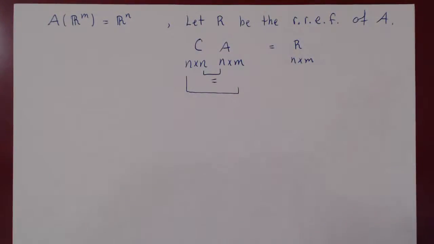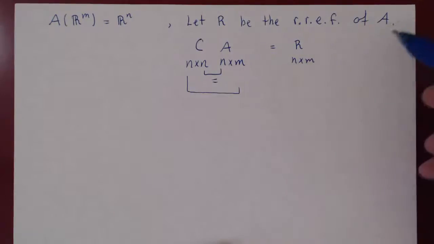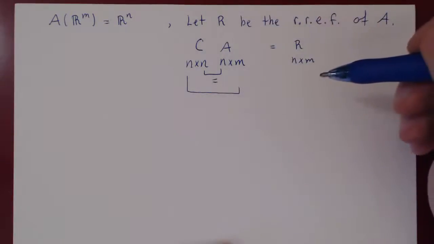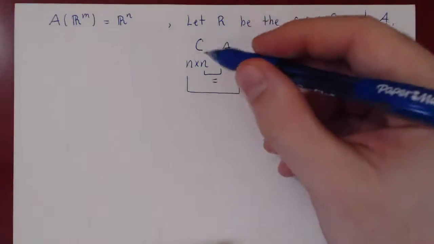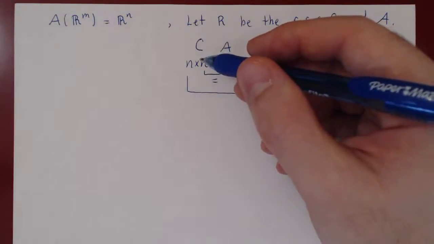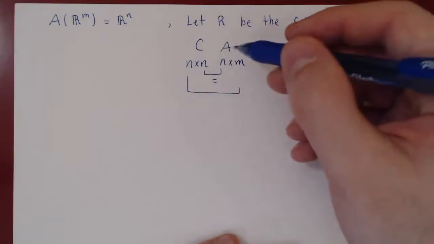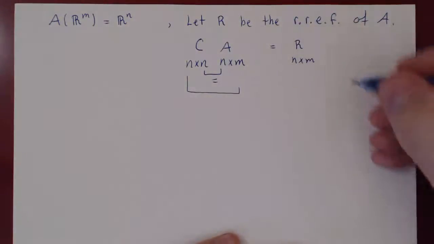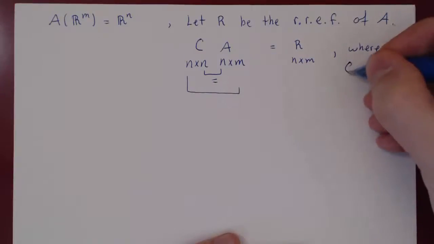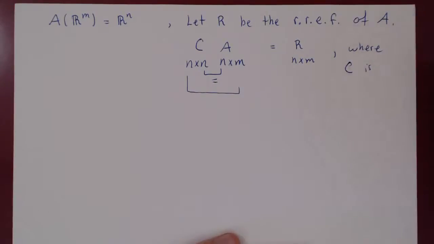And this was proved using elementary matrices, right? So given any matrix A and its reduced row echelon form, there always exists a matrix, which is, if you recall, the product of the elementary matrices, so that the matrix times A is the reduced row echelon form. And the key here is that C is invertible.